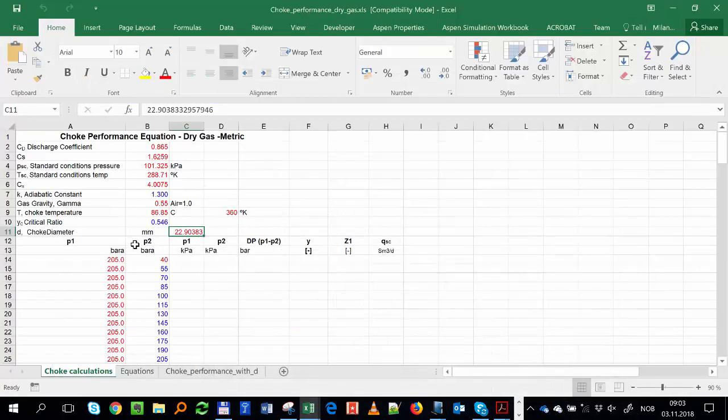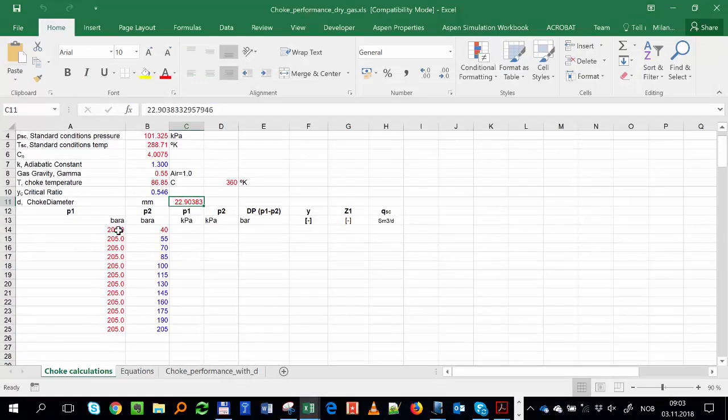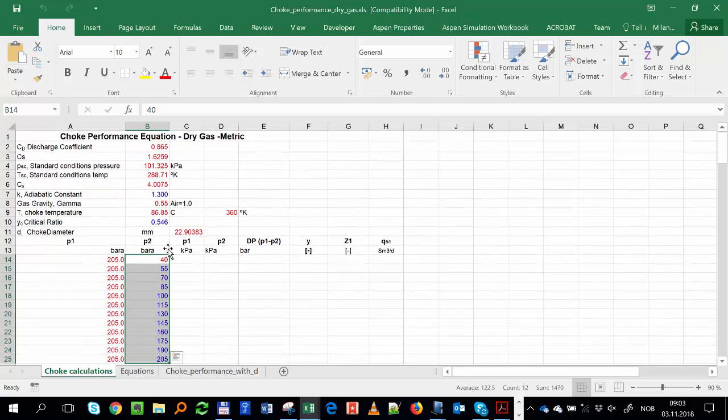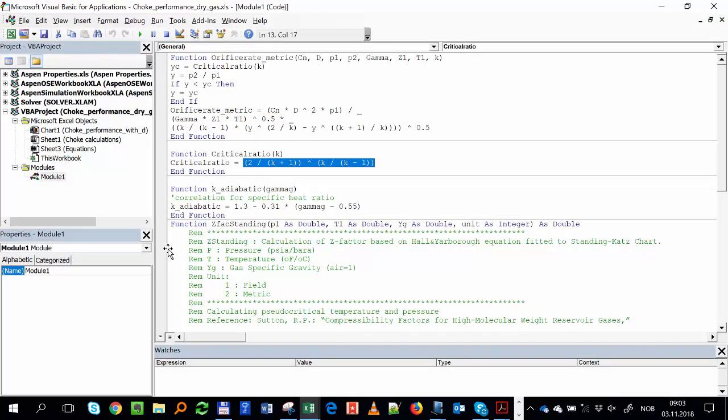So I propose we keep exactly what we have done in class. We have P at the inlet constant, and then we change the P at the outlet. We should get exactly this curve, and at some point we should get a critical flow. The equation we are going to use is this one, orifice rate metric.